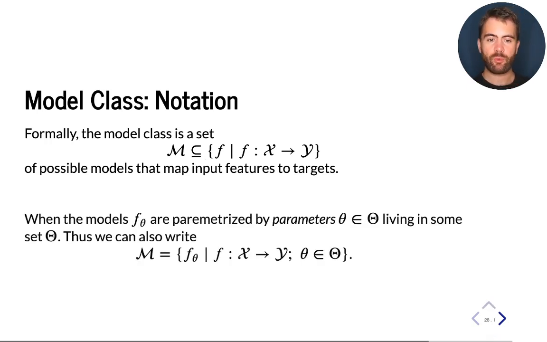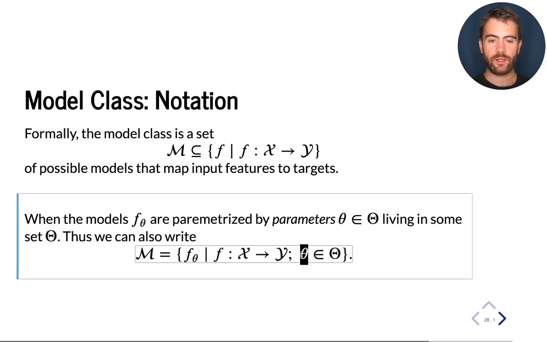If these models have parameters, then we can easily define this model class via the set of valid parameters. So here we can write the model class as the set of models that have a certain set of parameters theta, which live in our valid set of parameters. And so again, for each possible value of theta, we have defined a particular model f sub theta.